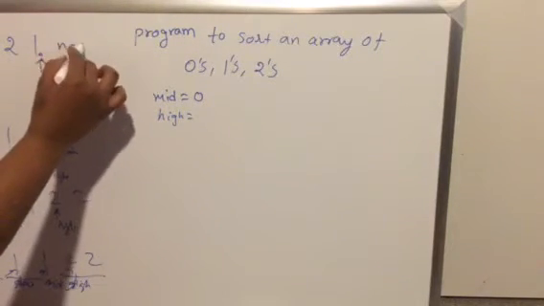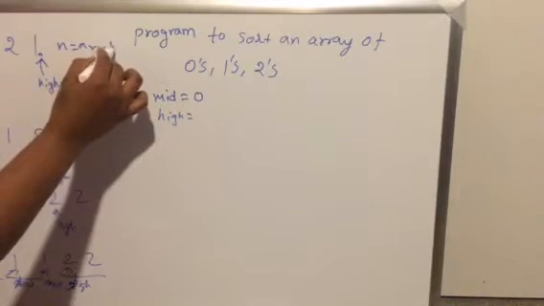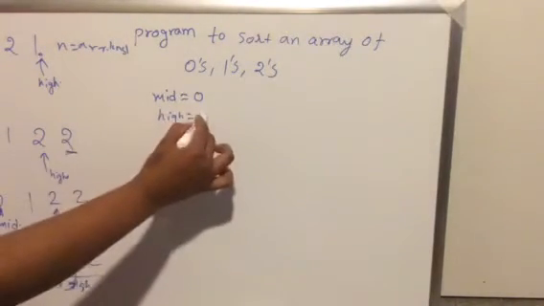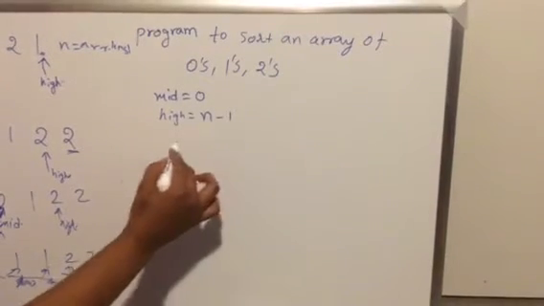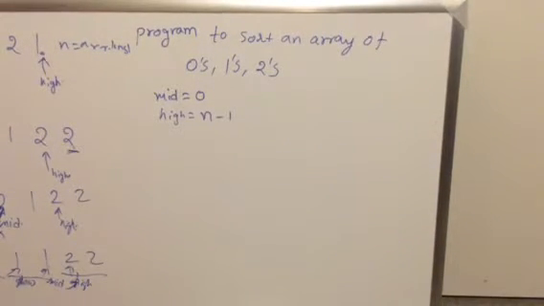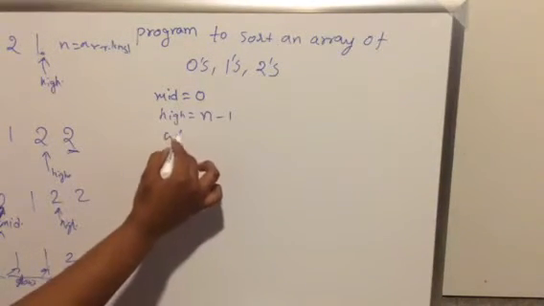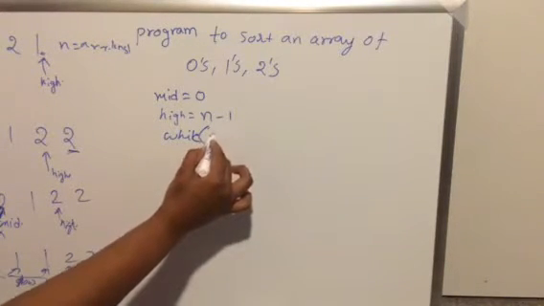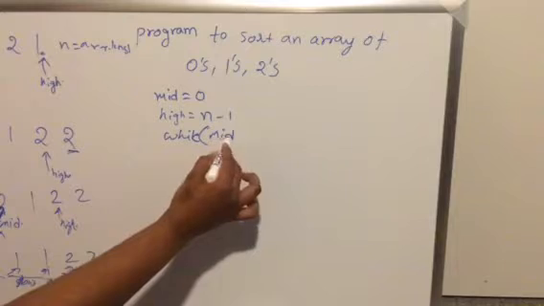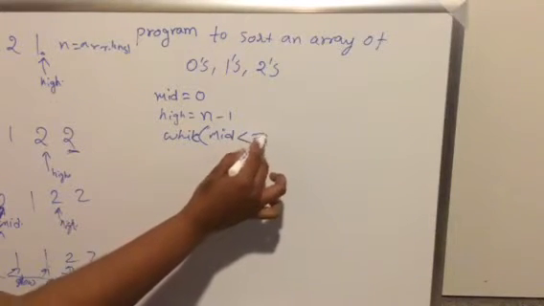Suppose n is the array length, then n minus 1 is the high pointer. Now we take a loop. We don't know how many elements there are, so we use a while loop: while mid is less than or equal to high.